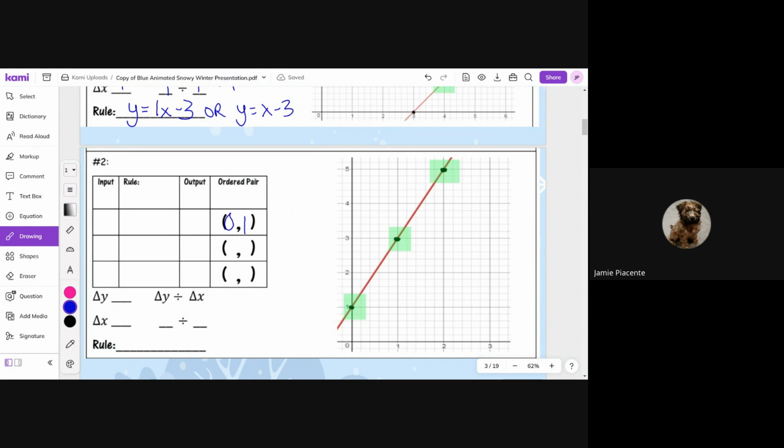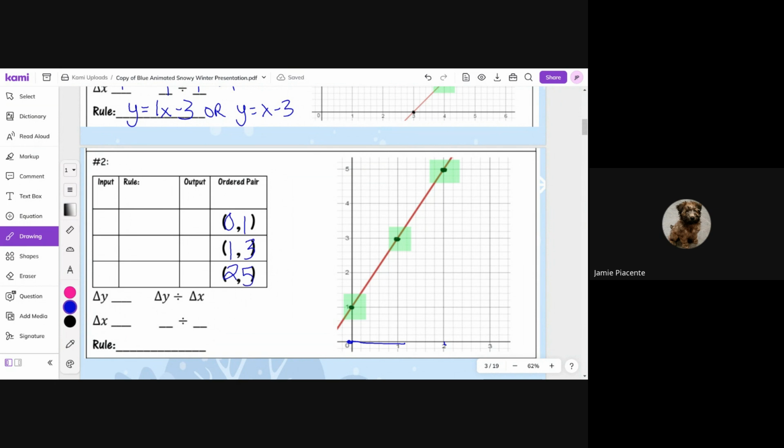Okay, do you see that? I didn't move over at all. Because we always start at this point right here at the origin, I didn't go over at all, and I went up. So it's 0, 1. This one, I went over to the 1, up to the 3. This one, I go over to the 2, up to the 5.